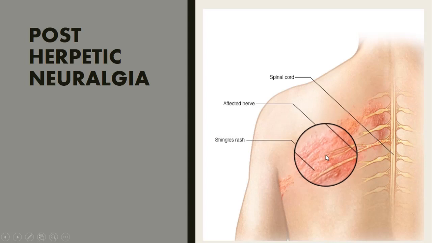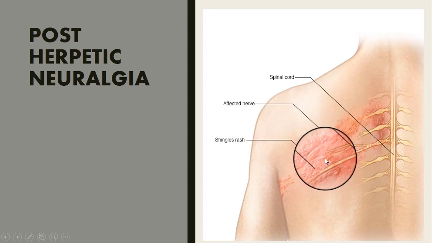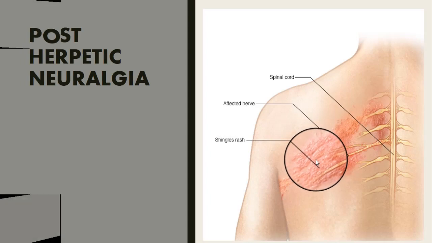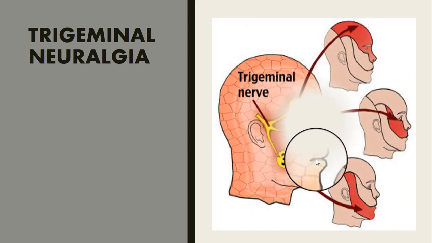It can also last for months or years. In some cases the pain may occur before the rash, and it will always occur along the path of a nerve, and it's usually isolated to one side of the body. So this was all about the first type of neuralgia, post-herpetic neuralgia, and later on we will discuss it in an elaborated manner.